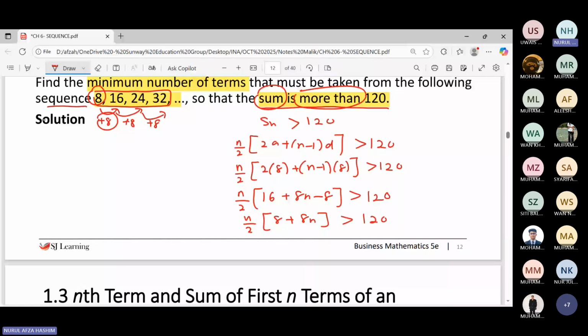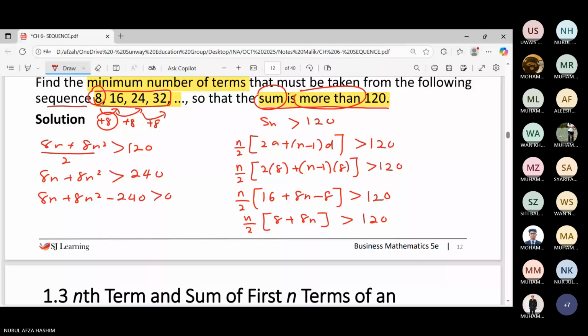You're going to get 8n plus 8n square over 2 larger than 120. It's going to be 8n plus 8n square is larger than 240. And then here going to be 8n square plus 8n minus 240 must be larger than 0.